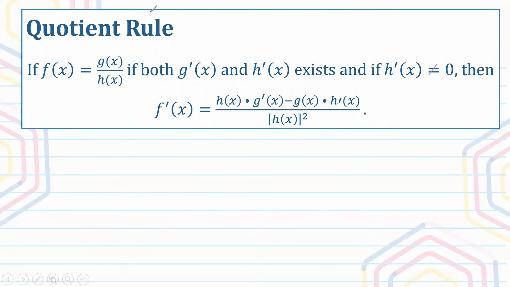Now let's have the quotient rule. So the quotient rule states that if f of x is equal to g of x over h of x, and both g prime of x and h prime of x exist, and if h of x is not equal to 0, then f prime of x is equal to h of x times g prime of x minus g of x times h prime of x, all over h of x squared.